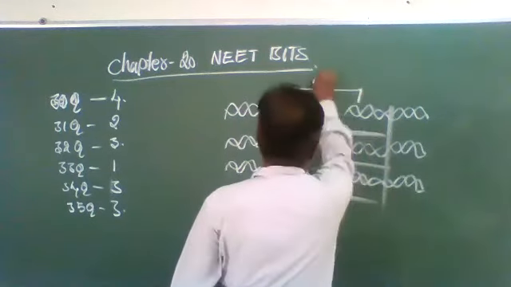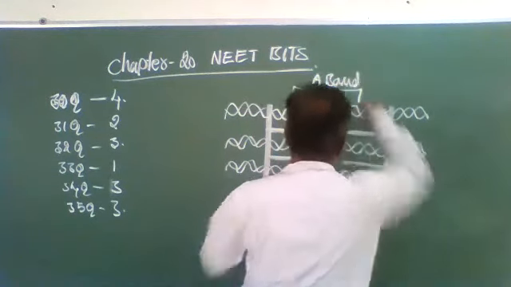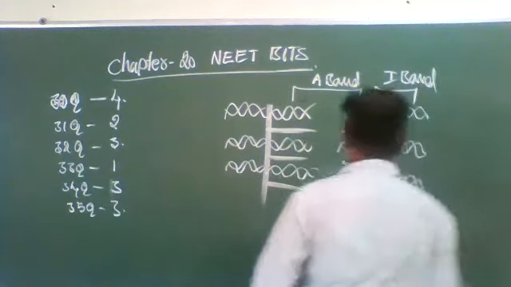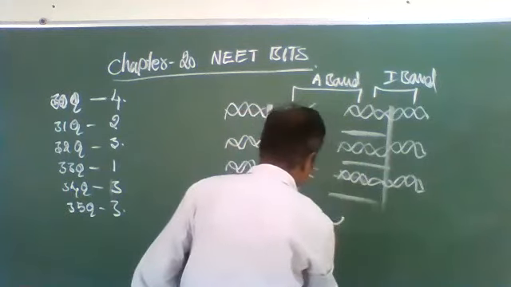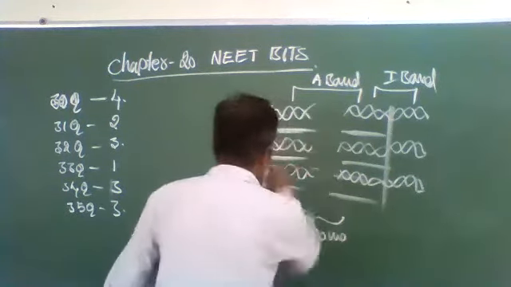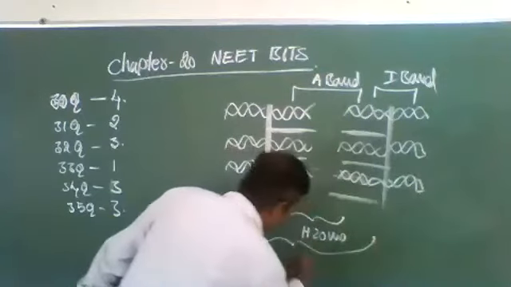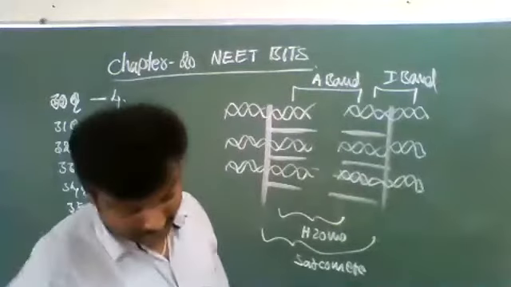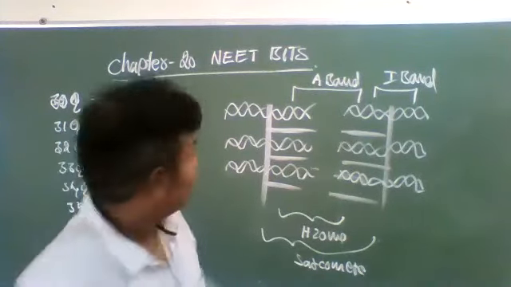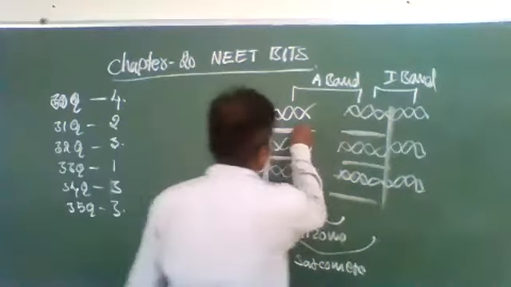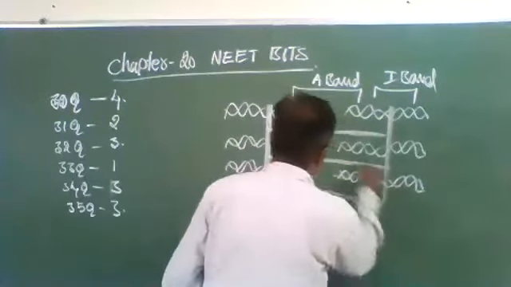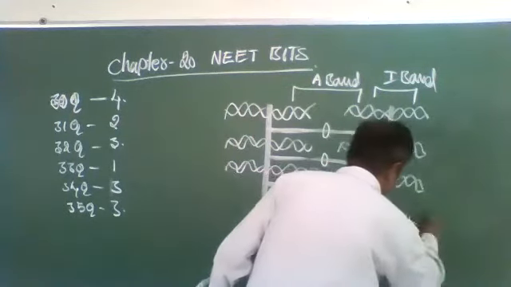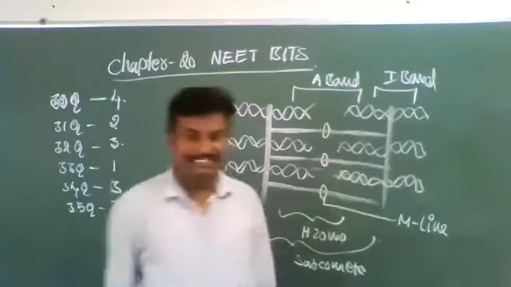It is the A band. It is the sarcomere. Other than that, what is there? Yesterday I said that, the M line. What did I say?